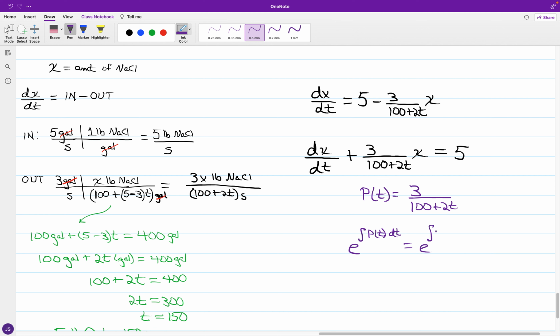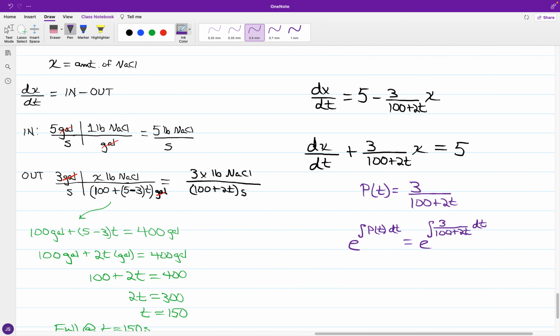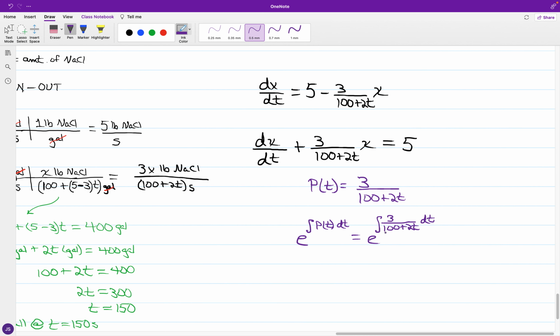so we have e to the integral of 3 all over 100 plus 2t dt. And let me mention something here. Okay, so you got 3 over 100 plus 2t.